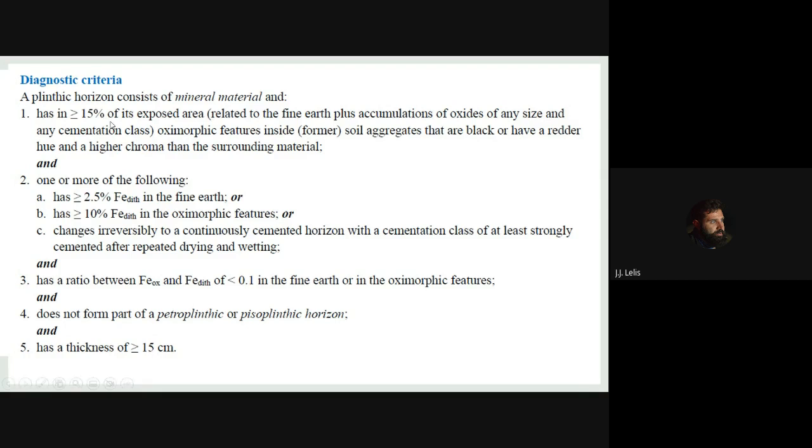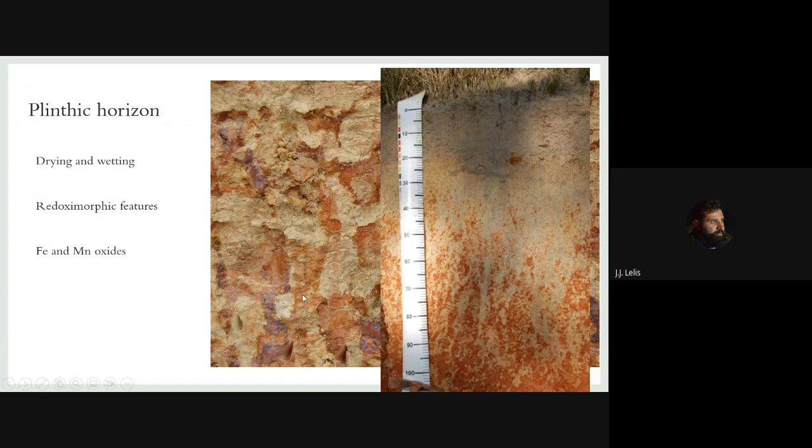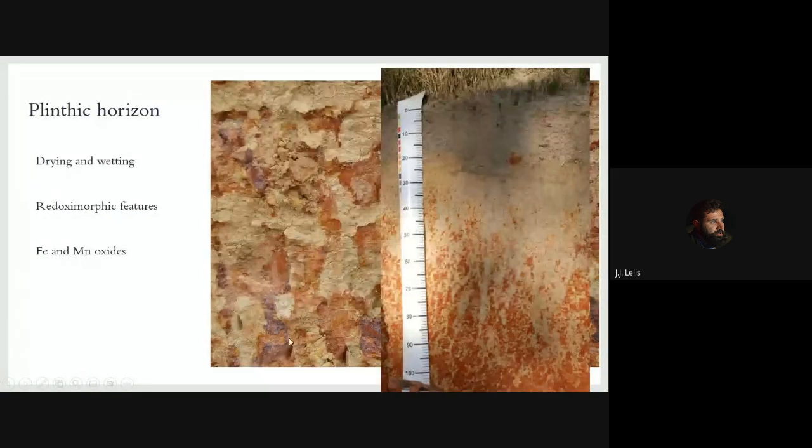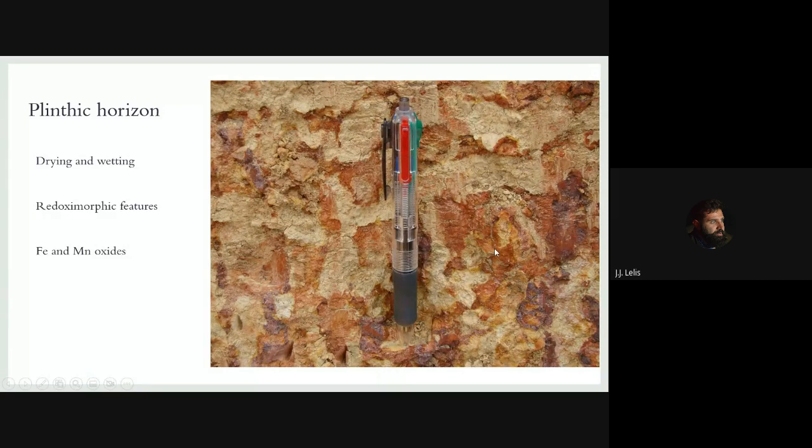So it should have at least 15% of area that's covered by plinthite, by the concentration of iron and/or manganese. In the areas where we can see only red or yellow colors, we say that these materials are iron oxides. But when we see dark colors like these dots, like these spots, we usually say that we have manganese oxides or iron and manganese oxides.